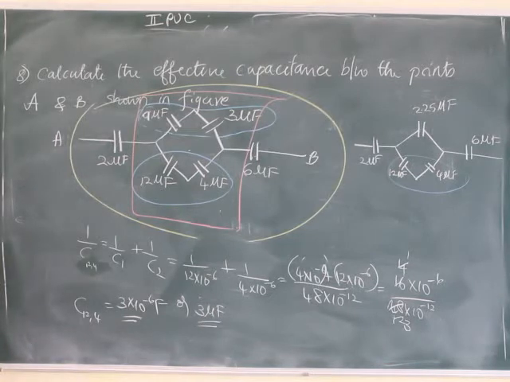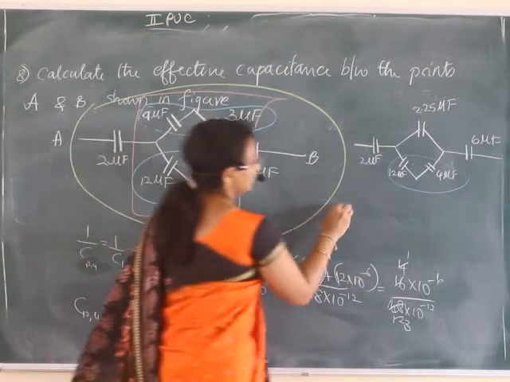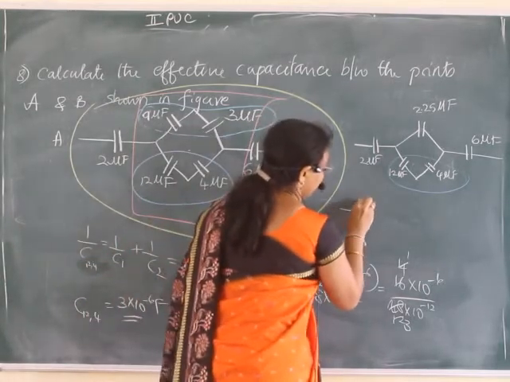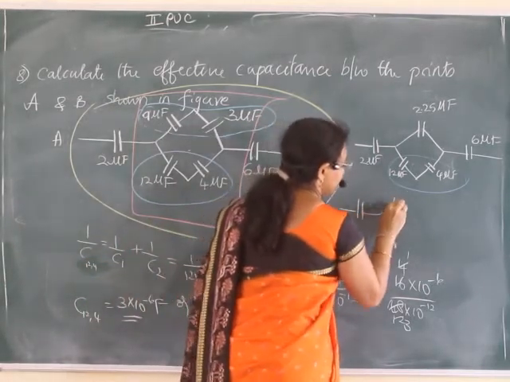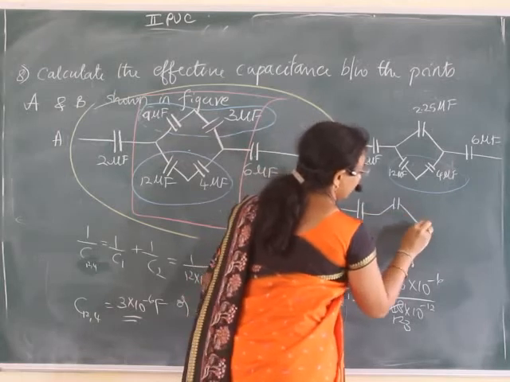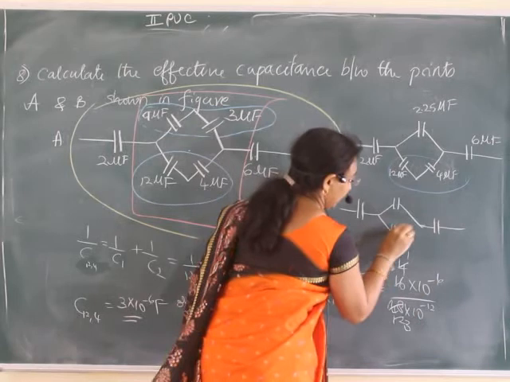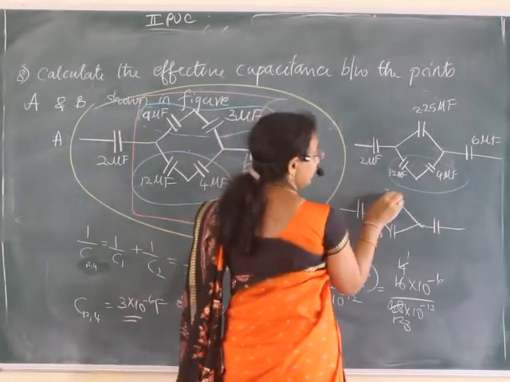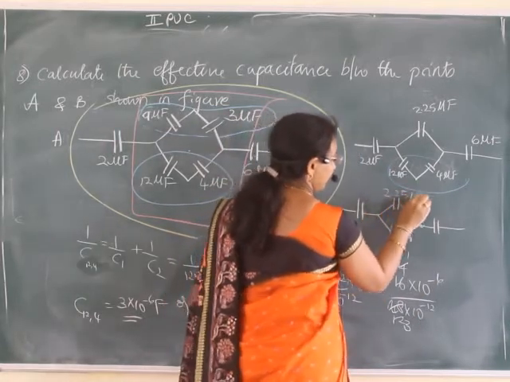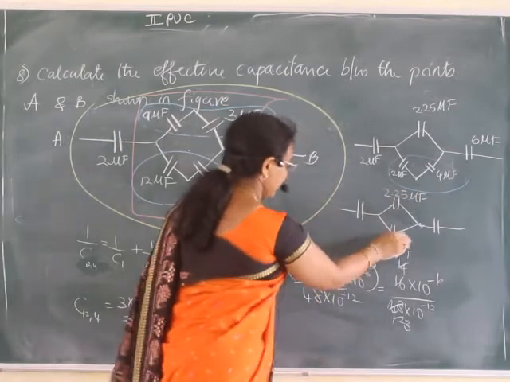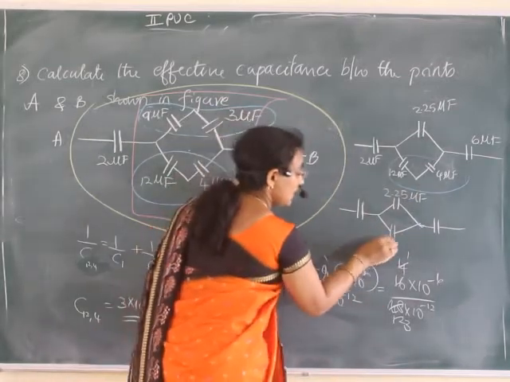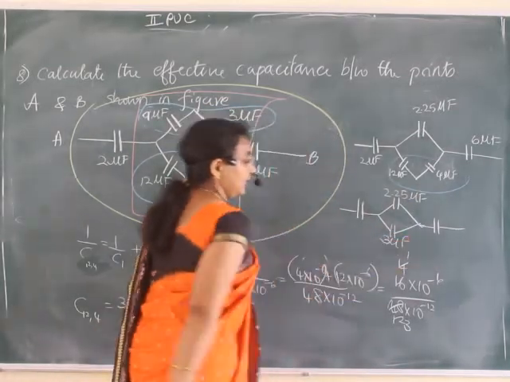So what is the diagram now? Second diagram. This is same. This is same. This is same. But here only 1 now. This one how much? Earlier 2.25 microfarad we had calculated. Now what is the value of this one? 3 microfarad.